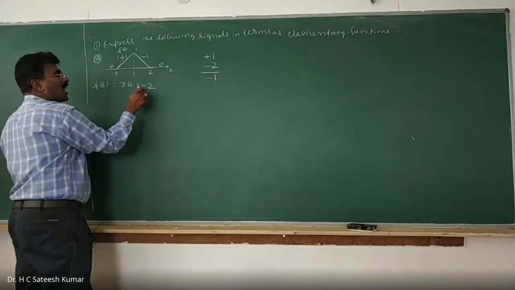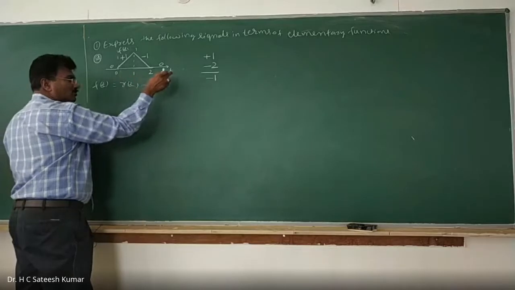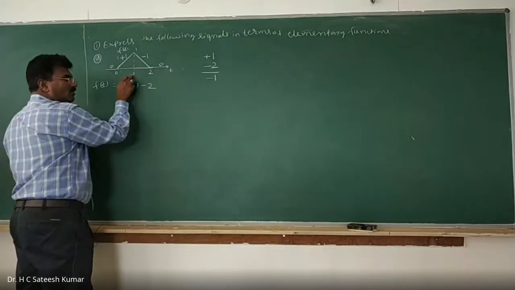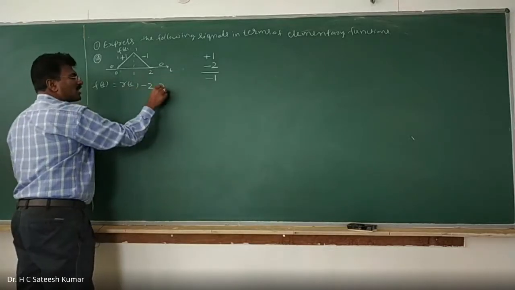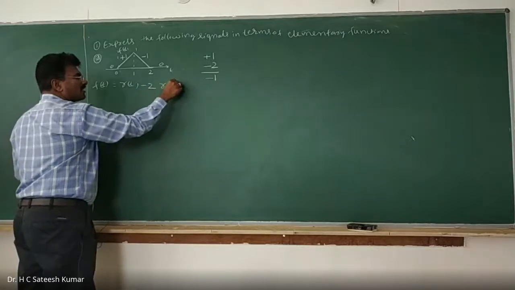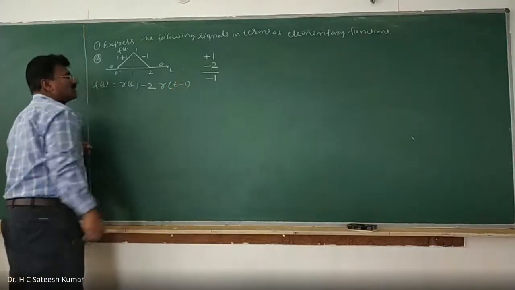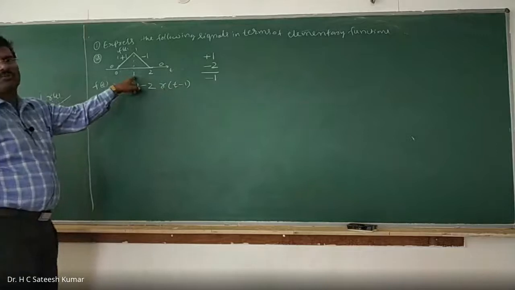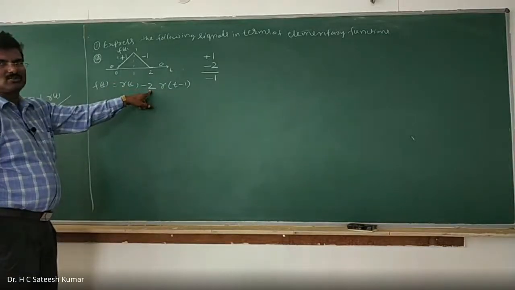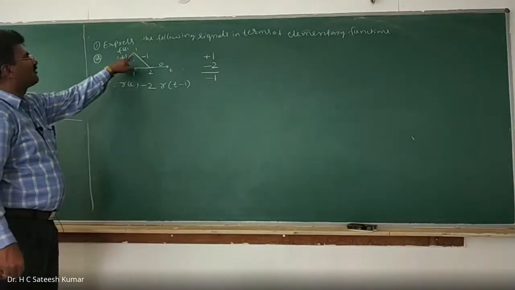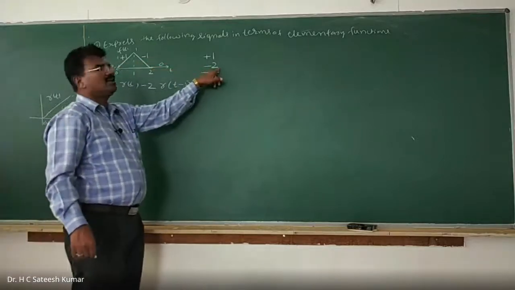Therefore, I should add a ramp of slope minus 2 starting from 1. So the ramp starting from 1 is minus 2 r of t minus 1, because ramp functions start from 1. Why is it minus 2? Because plus 1 is there and I want to make it minus 1. What have I added?